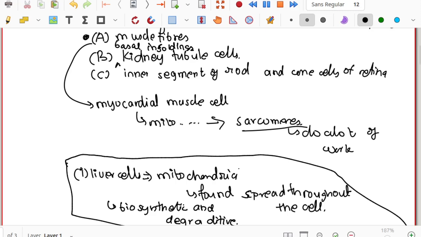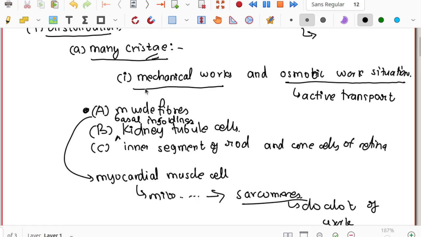Now we talked about mitochondria having many cristae for mechanical works. Next work is active transport work. Simple understanding, active transport is the transport of certain things, generally protons and sometimes electrolytes like sodium and potassium, in the presence of ATP, in the presence of energy.